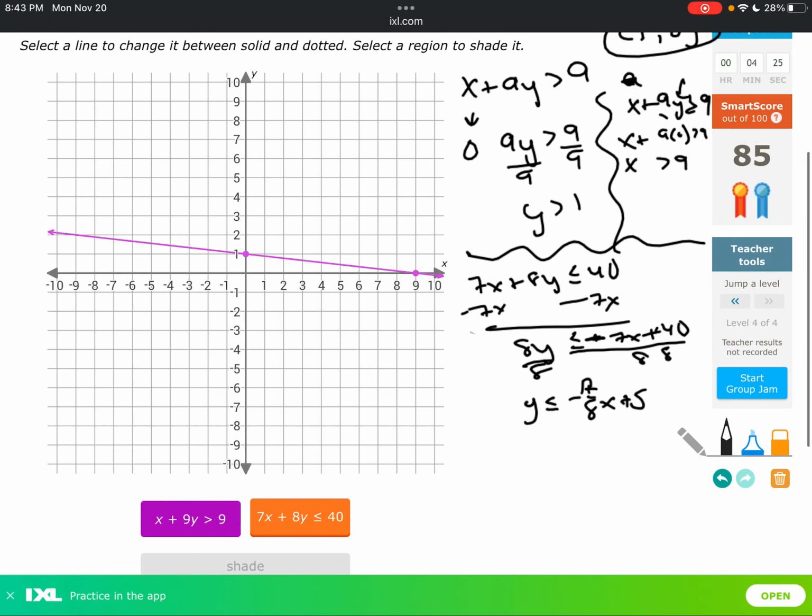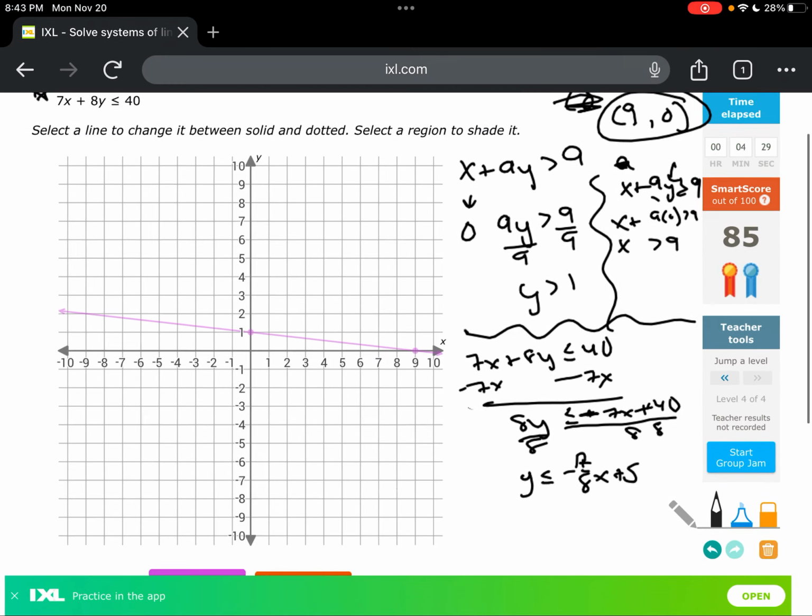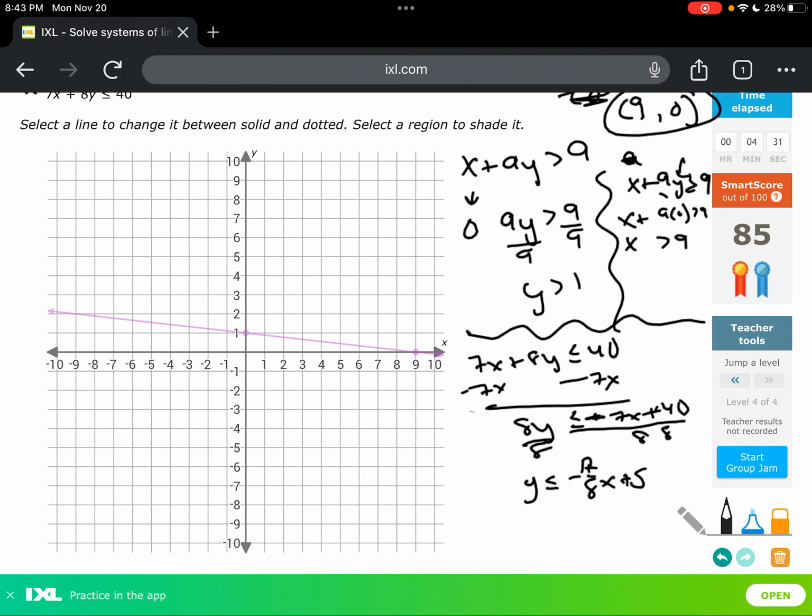I'm going to make sure I come down to the bottom and switch colors so it knows which line I'm graphing. I'm going to start by graphing my y-intercept at 5 and then using the slope to find my next point. So it's negative 7 over 8, so I'm going to go down 7: 1, 2, 3, 4, 5, 6, 7.